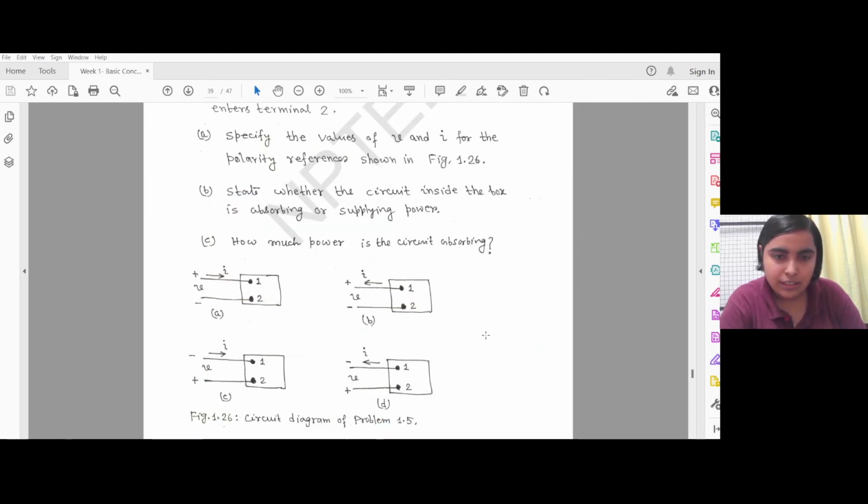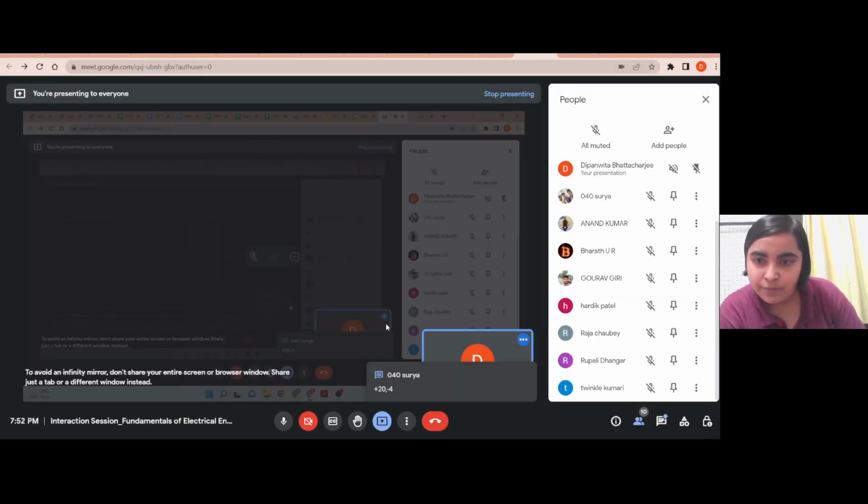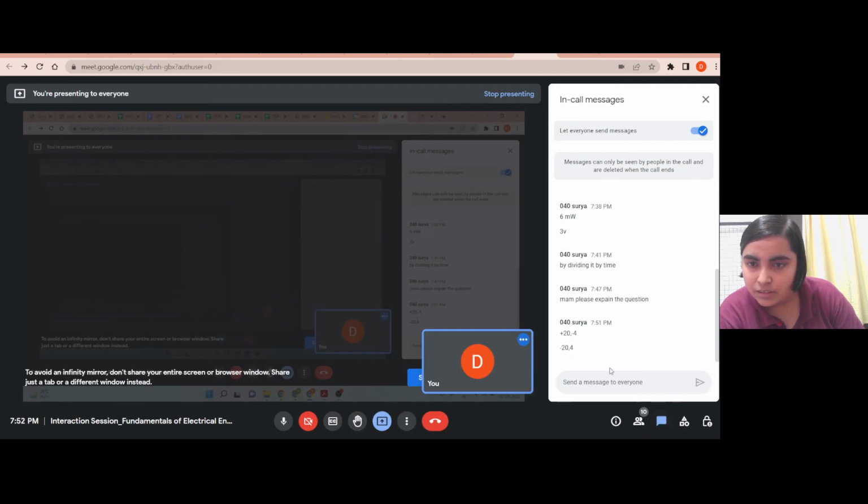Yes, go ahead. Ma'am, the circuit inside the box is supplying power because current is leaving through negative terminal and entering through positive. Okay, I see.